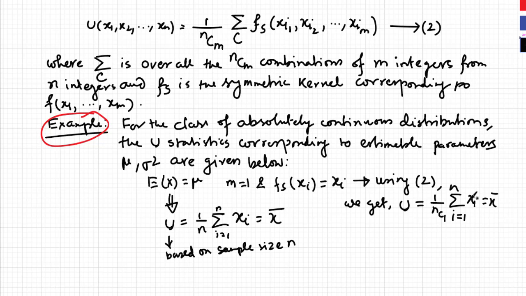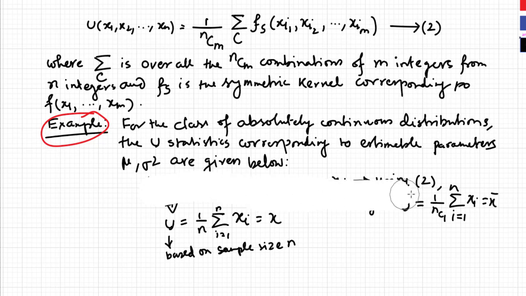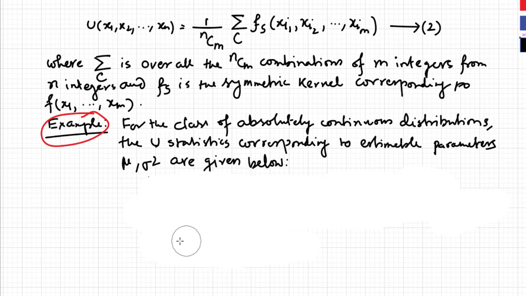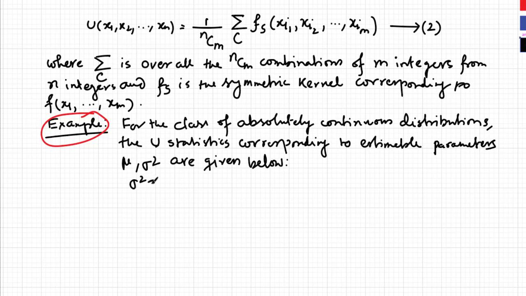Now we know sigma square equal to expectation x square minus e square x.